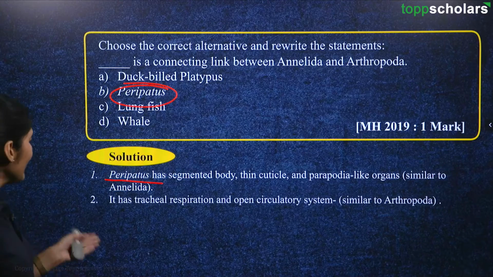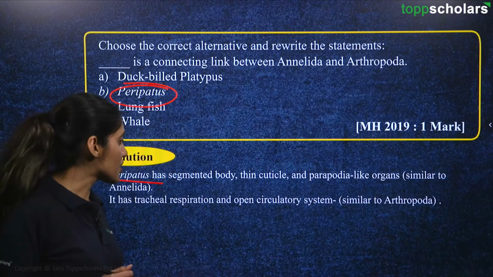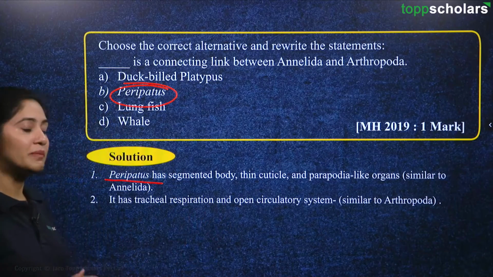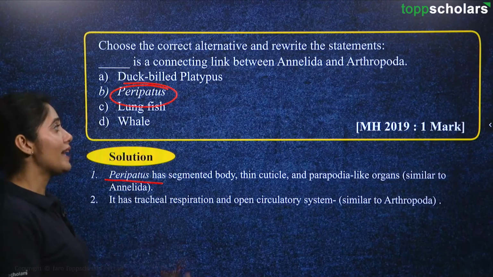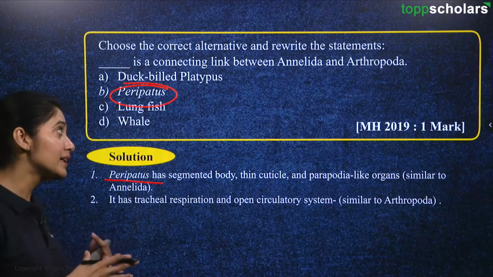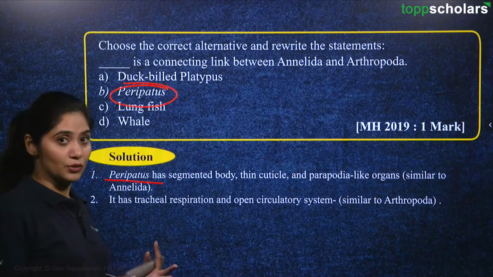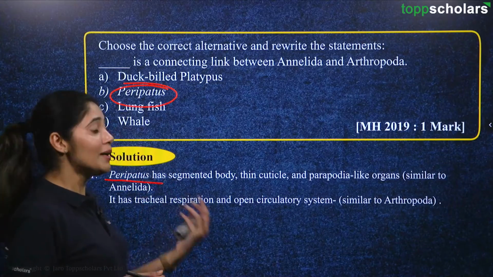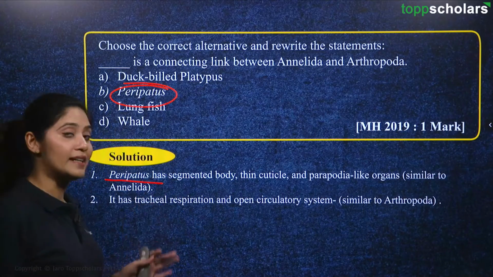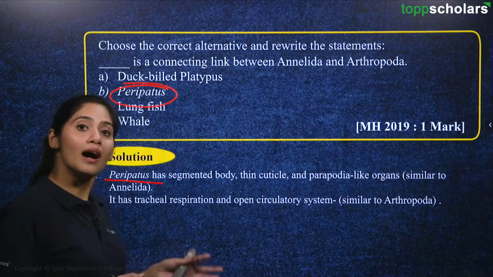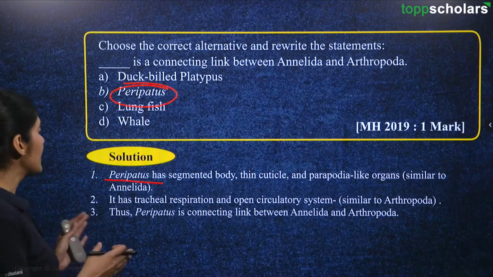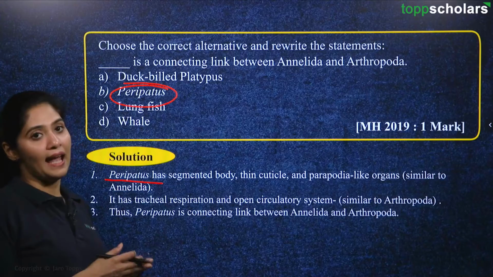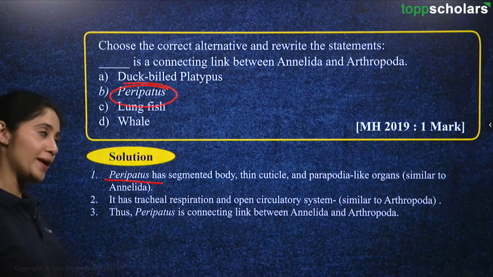What else? It has tracheal respiration and an open circulatory system similar to arthropod. So, that is why it is a connecting link between annelida and arthropod. It has some organs similar to annelida and some similar to arthropoda. Thus, peripatus is a connecting link between annelida and arthropoda.